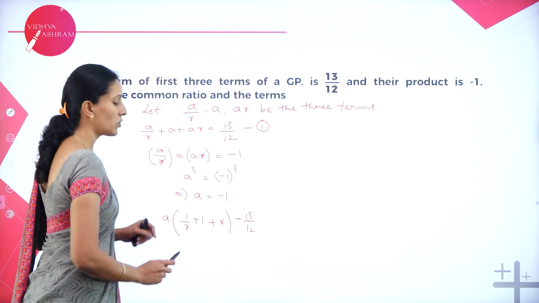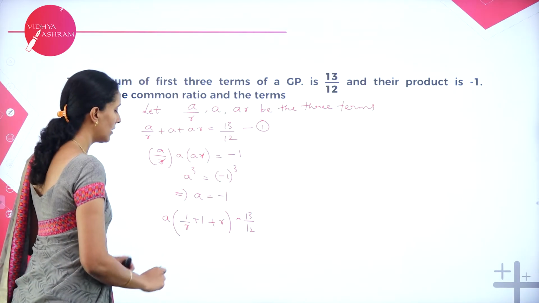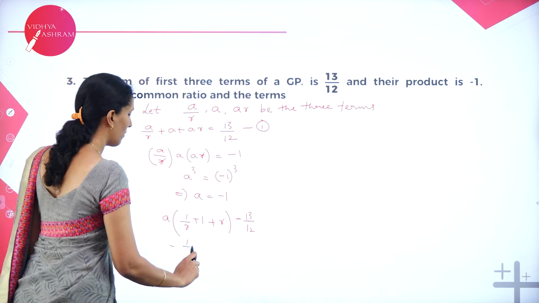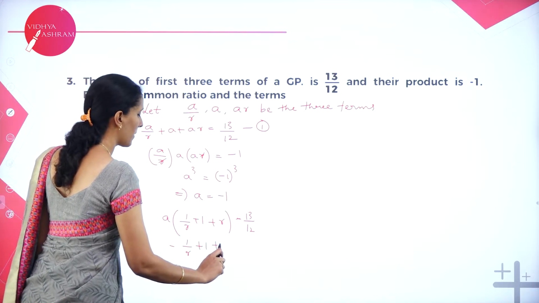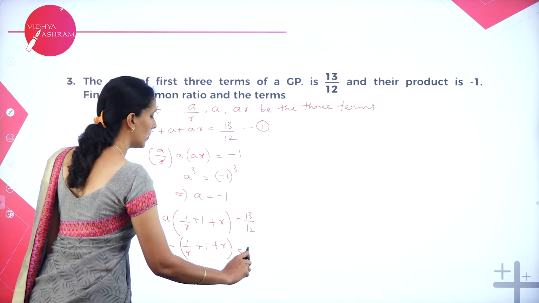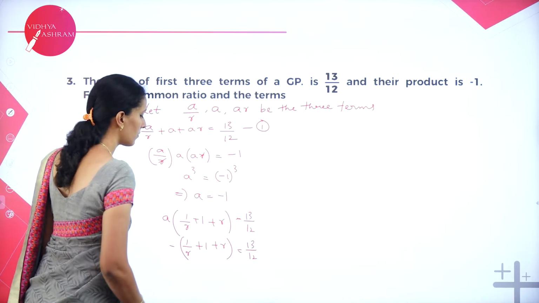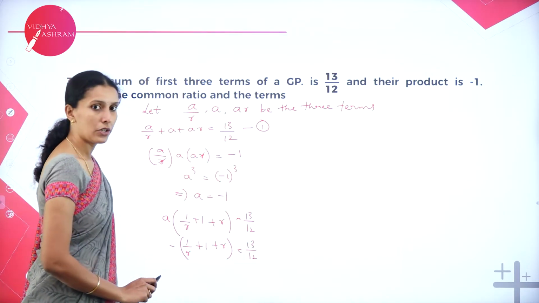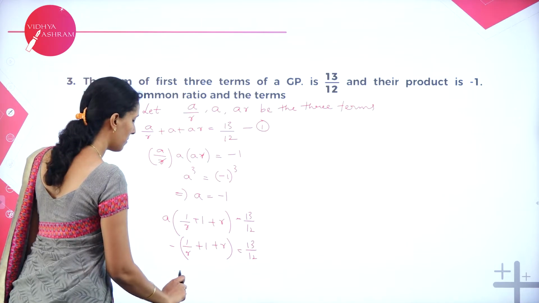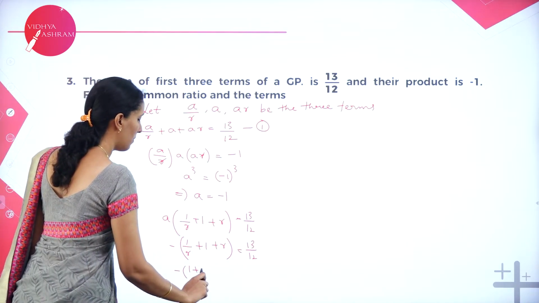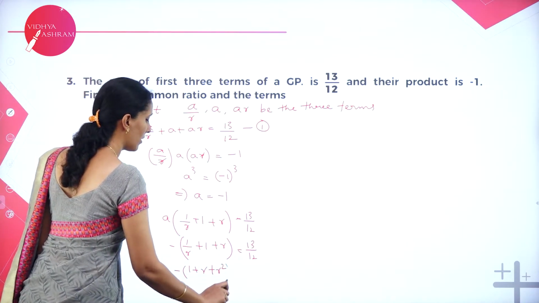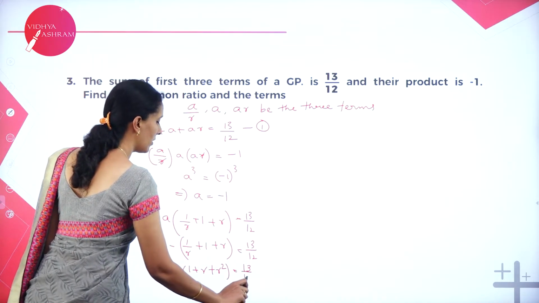So if I substitute minus 1 here, then it is minus 1 by R plus 1 plus R is equal to 13 by 12. Now multiply R to this. So this will become minus of 1 plus R square is equal to 13 by 12.